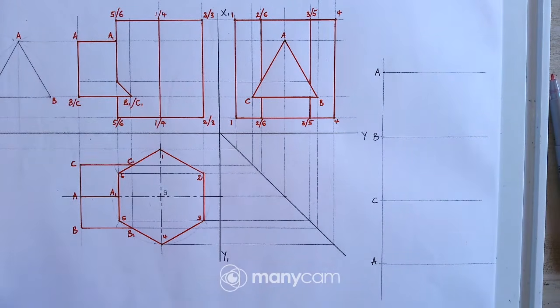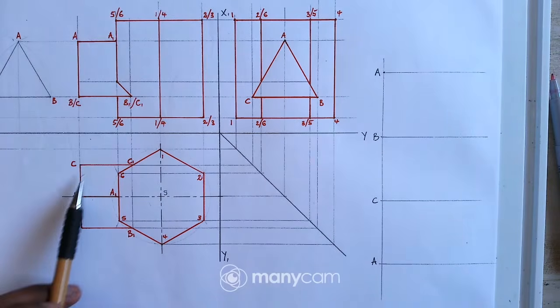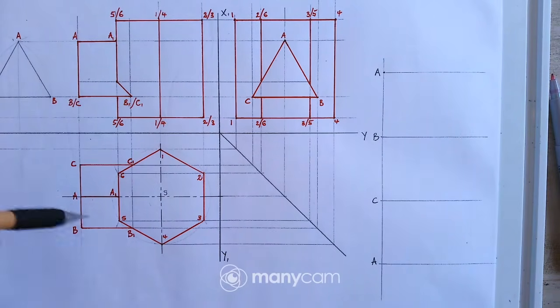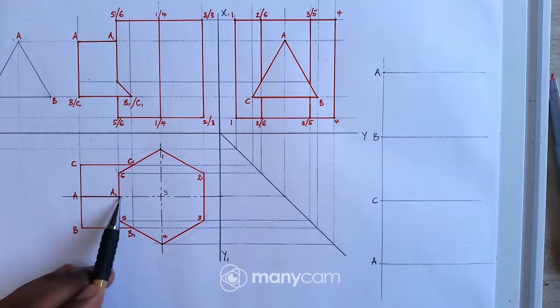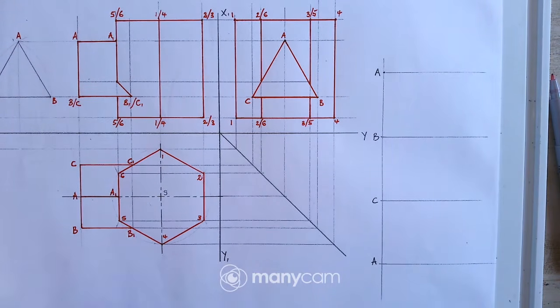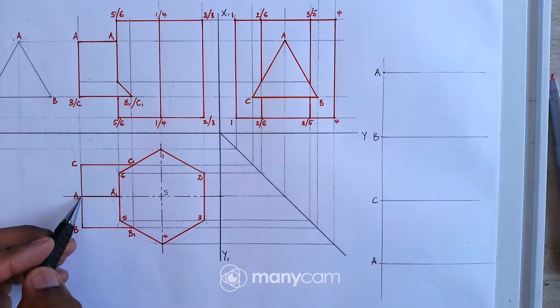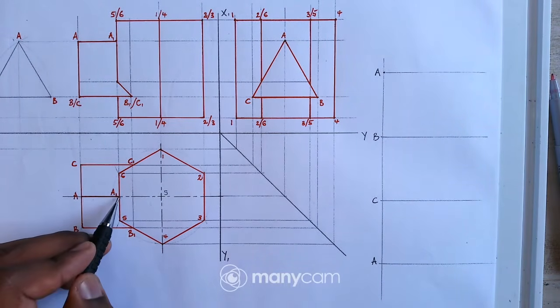Okay, so now I'll take the measurements from the top view, because obviously I'm looking at this pipe directly. So this is the true length, this is the true length, this is the true length of the pipe, right? So I'll start with A. So we have A to A1, right?